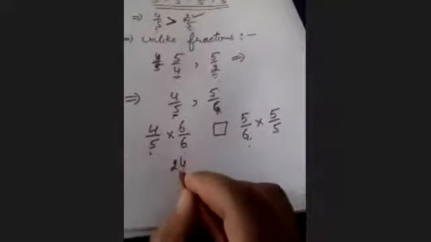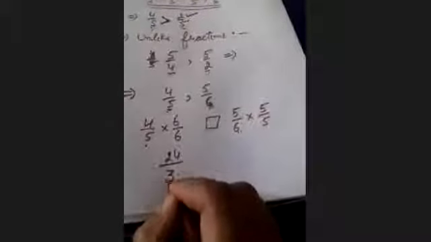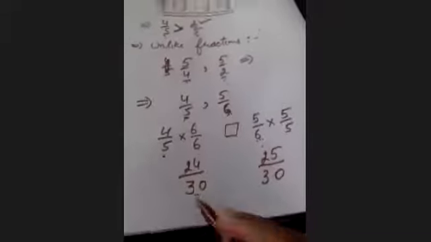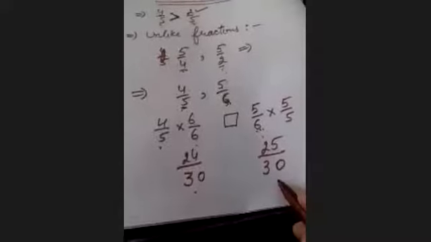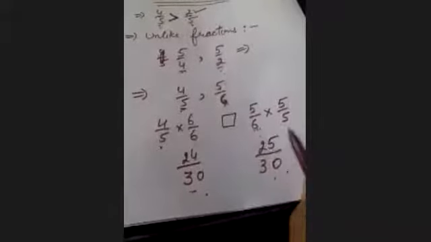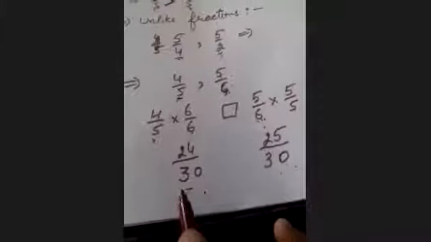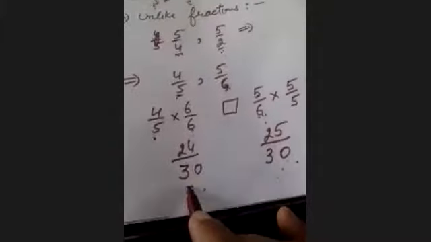Clear, students? Now multiply. 6 times 4 is 24. 6 times 5 is 30. 5 times 5 is 25. 5 times 6 is 30. Yes, friends, you can see now the denominators of both fraction numbers are the same, 30 and 30.